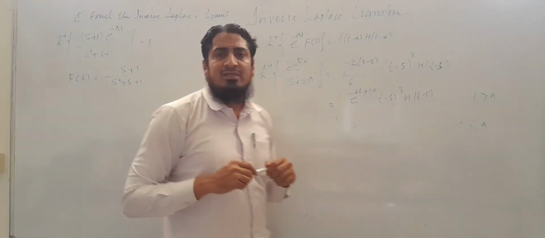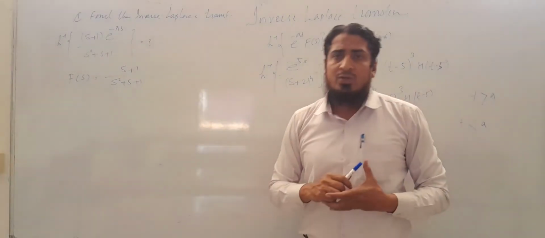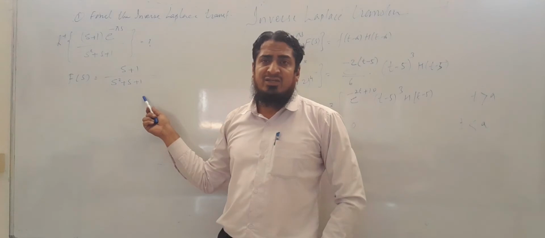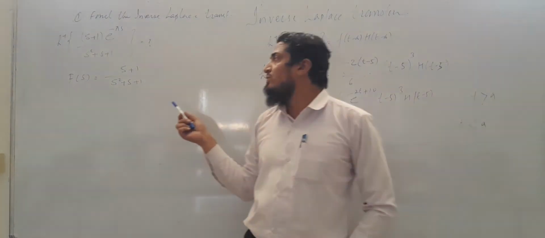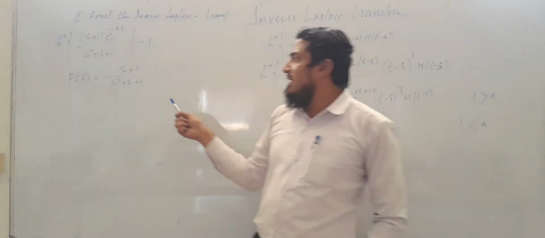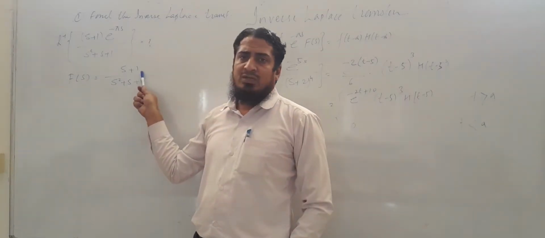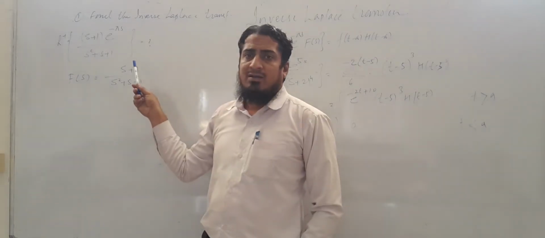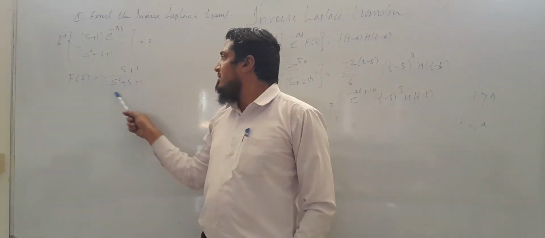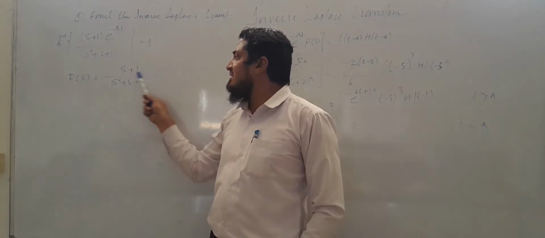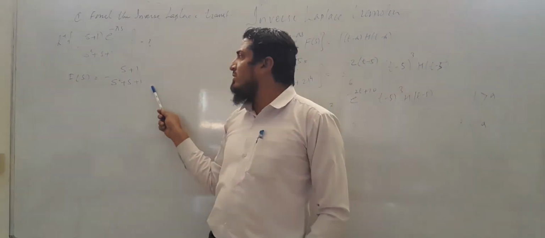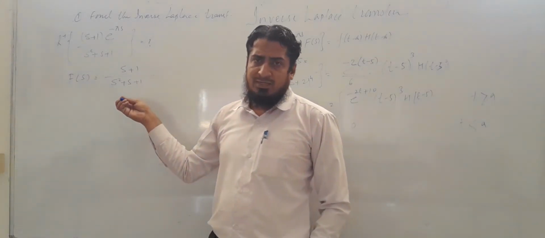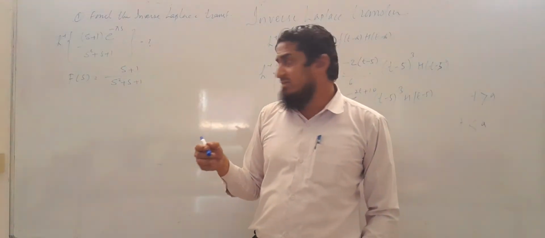Now we can solve this example by using two different methods. First one is by using partial fraction, and the second is a direct method by completing the square in the denominator and converting the numerator as per our need to apply the first shifting theorem.